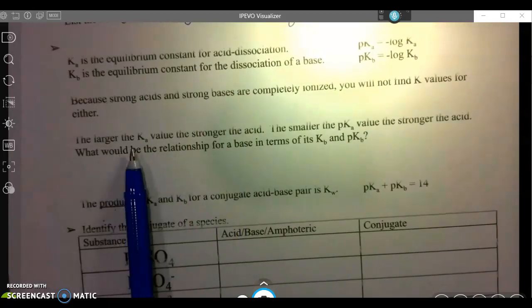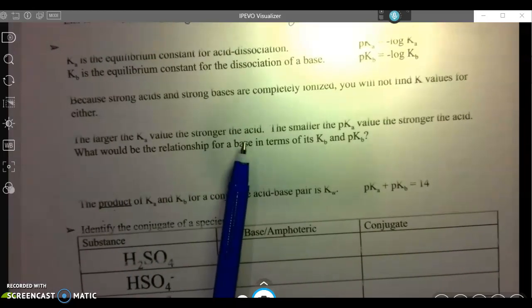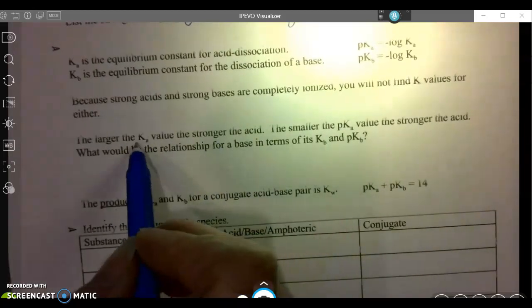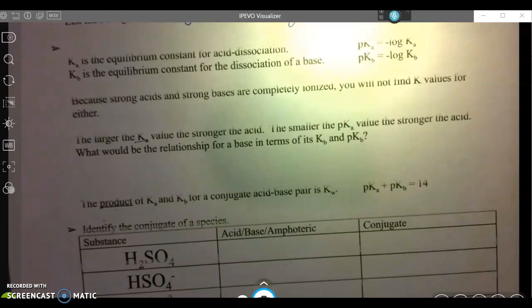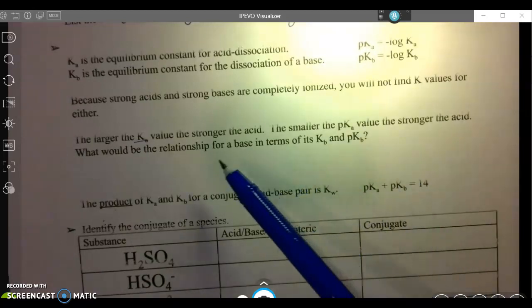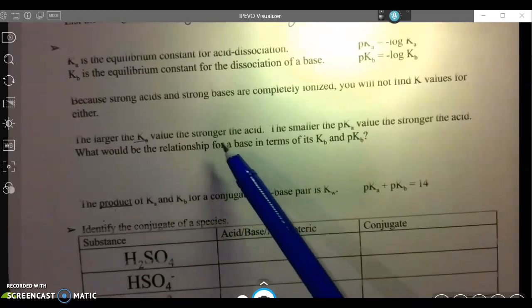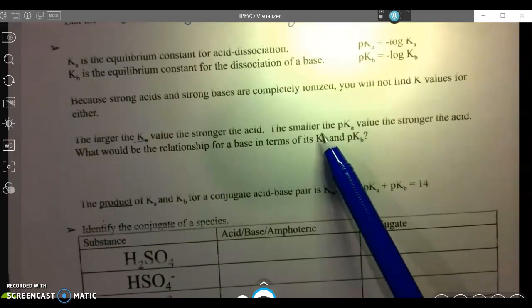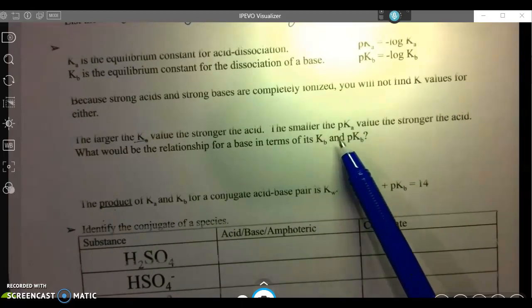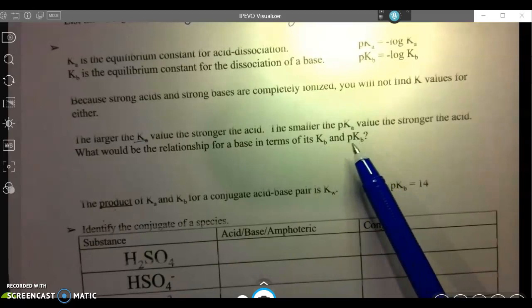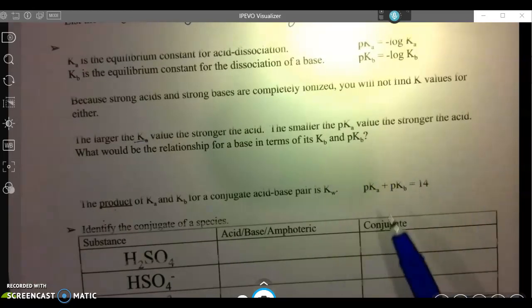But this is important. The larger the Ka value, the stronger the acid. If you had something that was 1 times 10 to the negative 7th compared to 1 times 10 to the negative 9th, the one that was 1 times 10 to the negative 7th would be a larger or stronger acid. The opposite is true for pKa, and again, think of this in terms of pH.